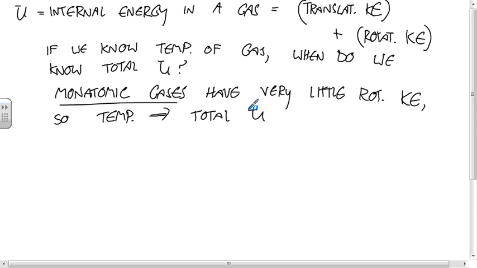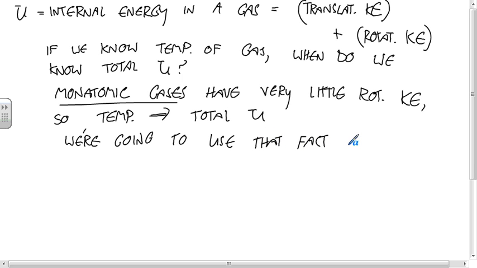Okay, so we're going to use that fact every time you're told that you have a monatomic gas.